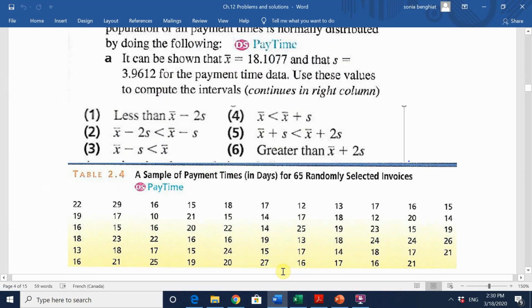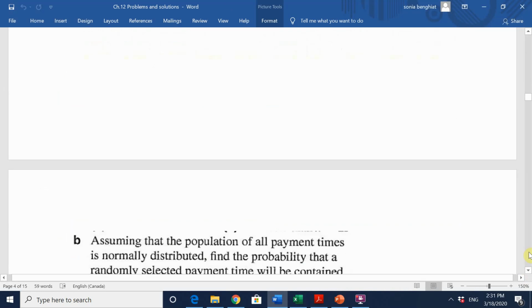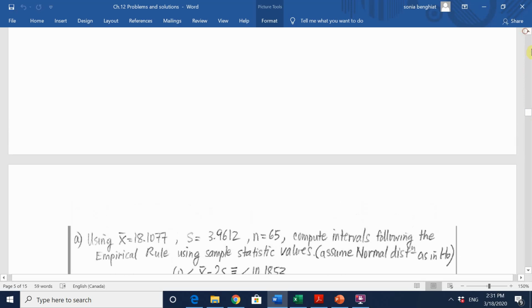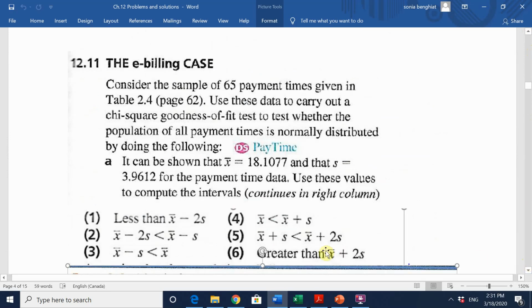Okay, let's go back over here. So what are these actual hypothetical probabilities? Well, first of all, if I am to follow these categories, I need to over here find the actual limits for each interval.